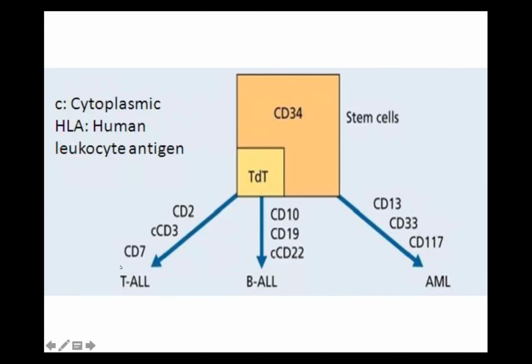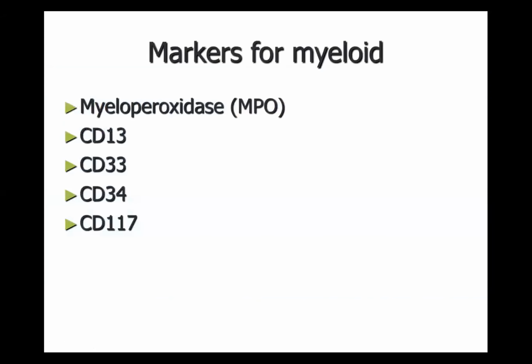And if T lymphocytic markers like CD2, CD3, and CD7, then we think of T-ALL. Markers for myeloids are myeloperoxidase, CD13, CD33, CD34, and CD117. So we do these stains to check for myeloids. We do them by IHC, by cytochemistry, and by flow cytometry.